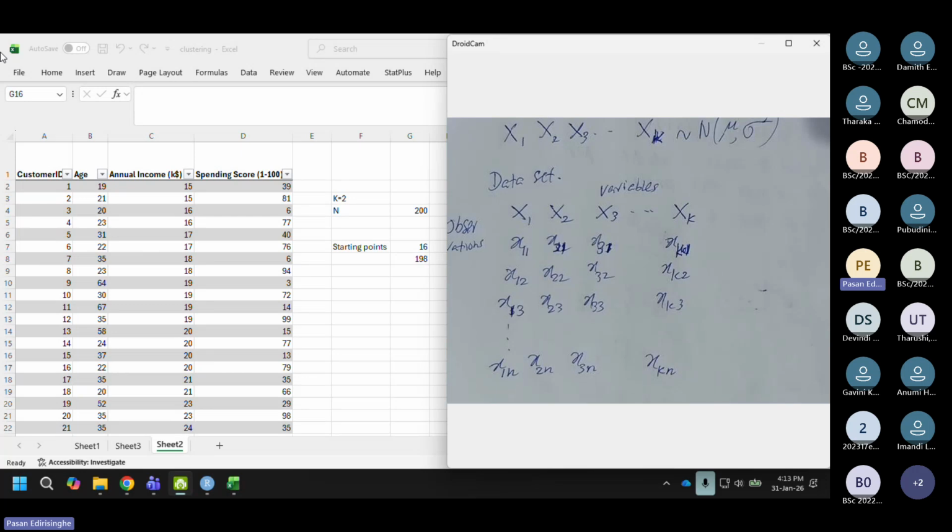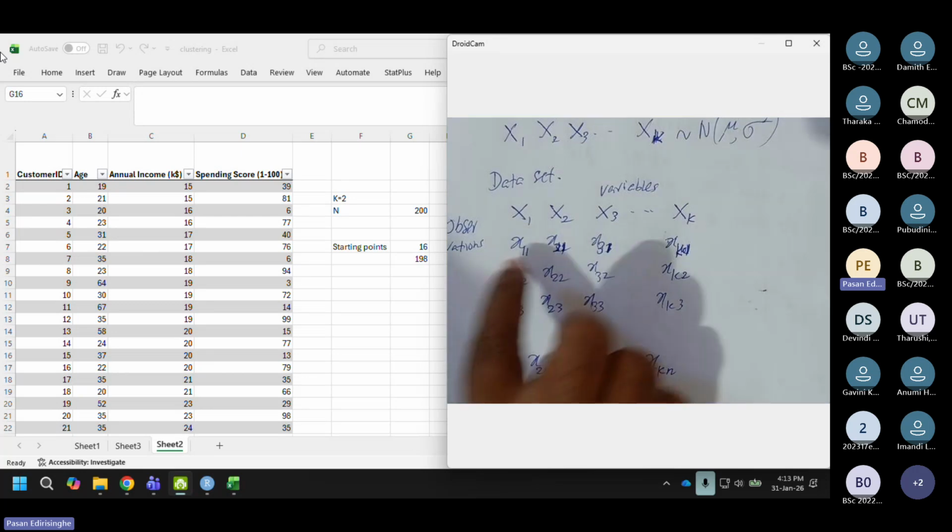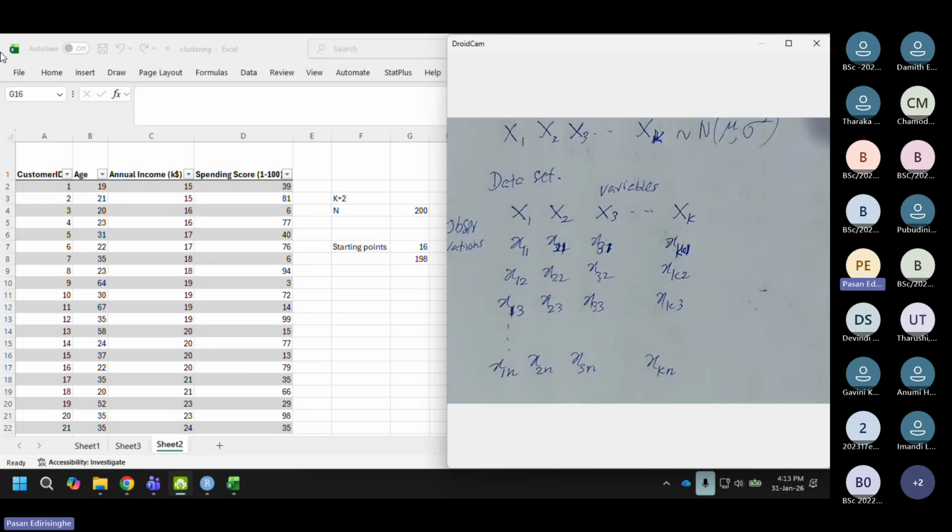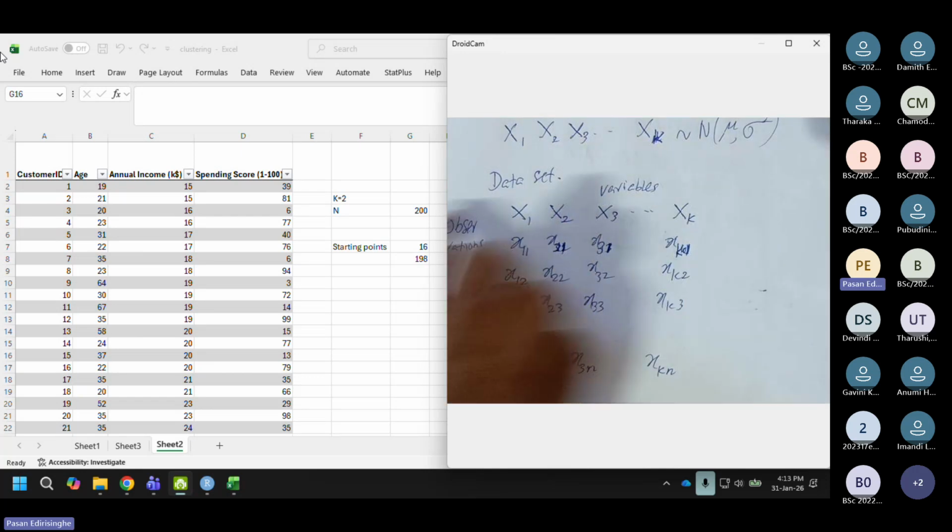All of these are measured from one person or one object, right? For an example, say I'm giving a questionnaire to each and every student. I can take a sample and give the questionnaire to all of them, right? There I can have several questions, so I have k number of questions there.